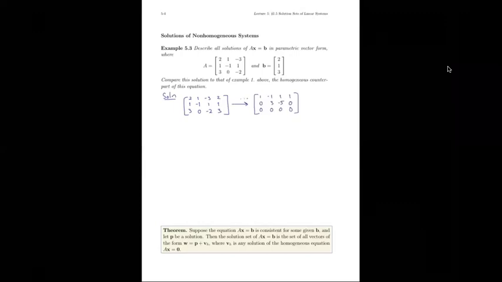The next step we could do is divide row 2 by 3, and that's going to lead us to a slightly cleaner version of this: 1, -1, 1, and 1. And we'll have 0, 1, -5/3, 0.